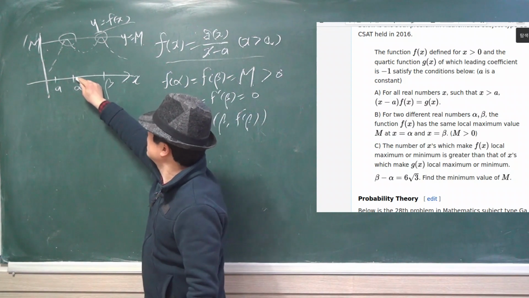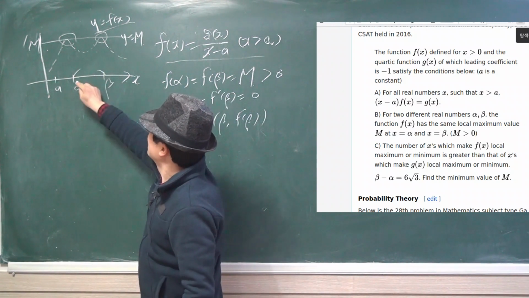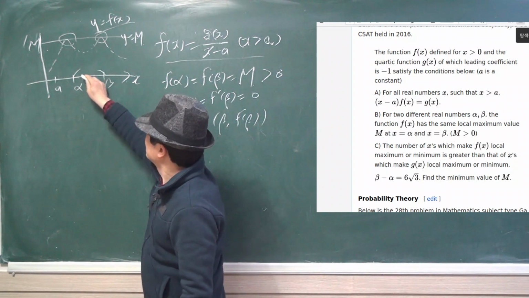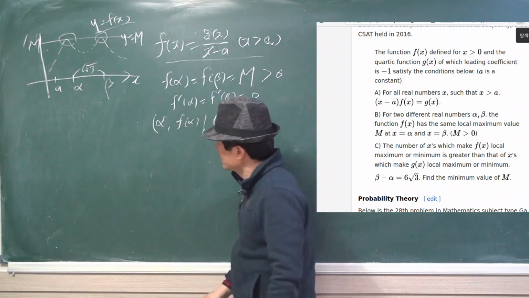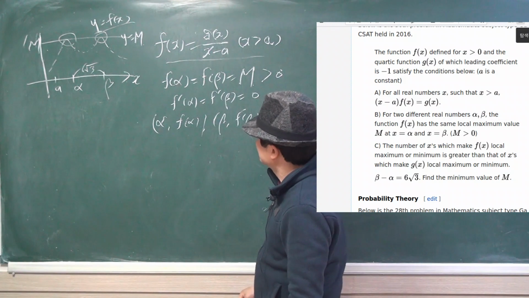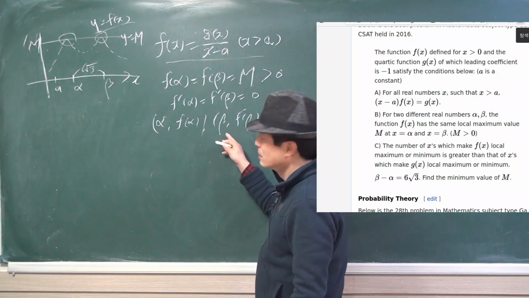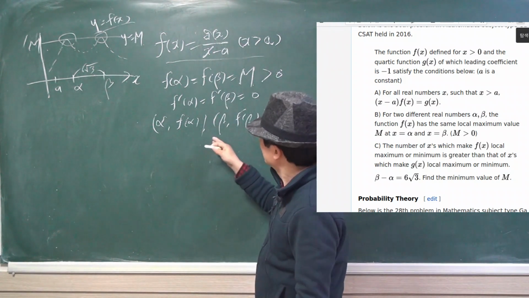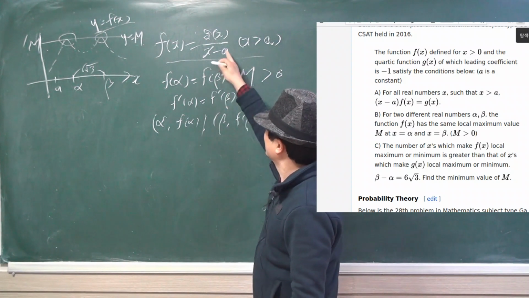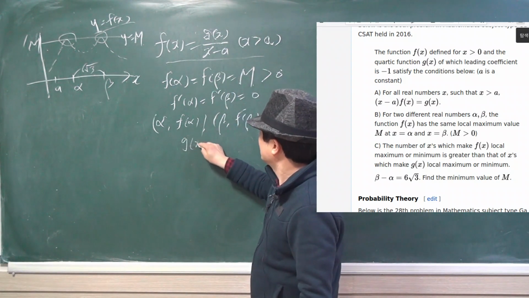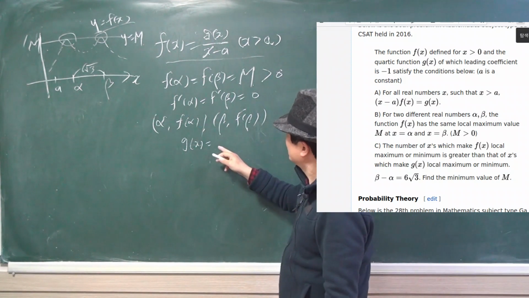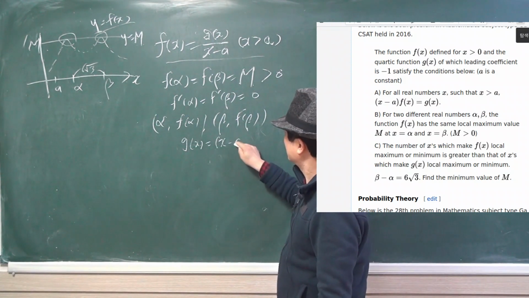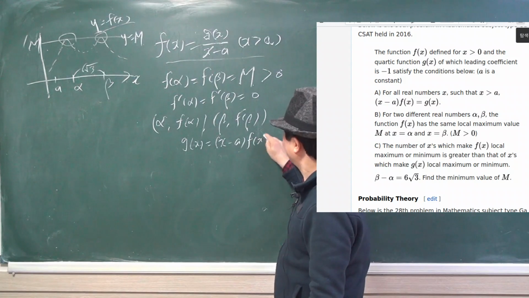And the additional condition says beta minus alpha equals 6 times square root of 3. From this condition, we continue to find out what g(x) is. And g(x), rewrite it as (x minus a) times f(x).